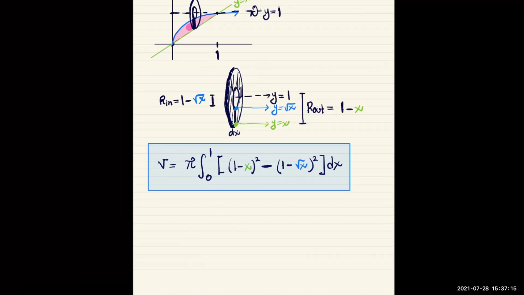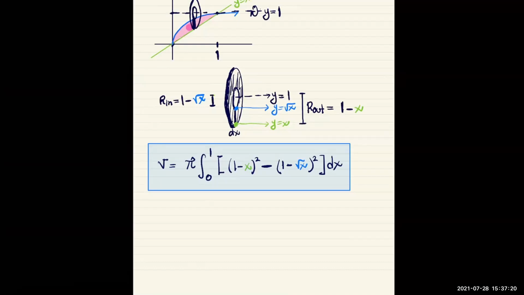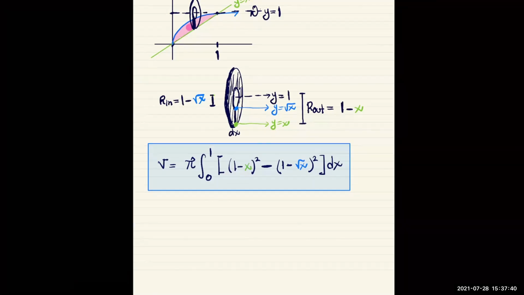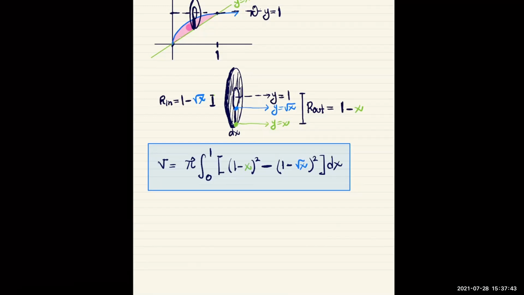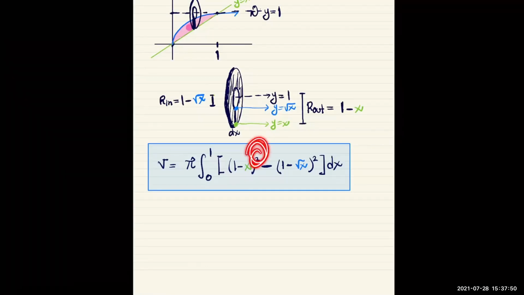Okay? Now, in theory, when you're doing calculation, to be honest with you, it wouldn't matter if, by mistake, you write x minus 1 over here. If you wrote your radius the opposite of what it should be, in the end, although your integral is not a good representation of measure, it is going to give you the right answer because of the square.